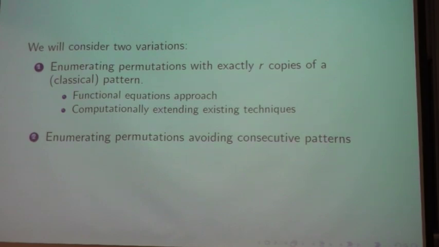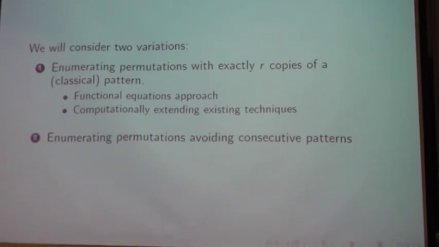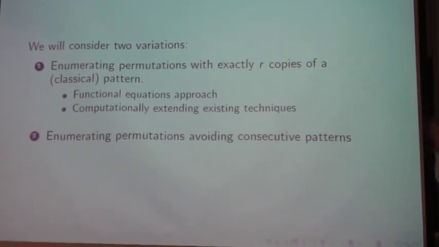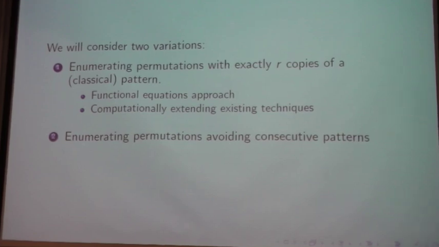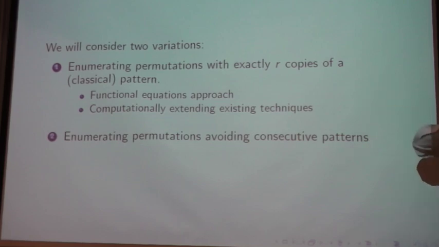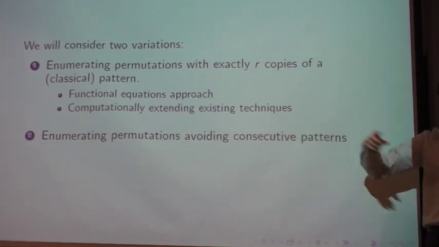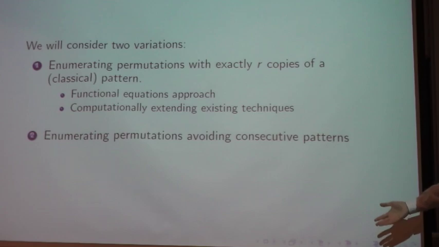Just the general outline for the rest of the talk: I'm going to consider 2 variations of this permutation pattern problem. The first is to enumerate permutations with exactly r copies of a classical pattern. In the case that r is equal to 0, that specializes to the classical avoidance case that was just discussed, but I'm also interested in non-zero r values.